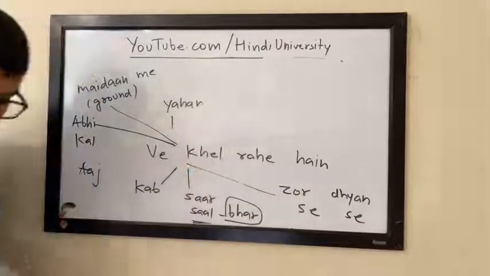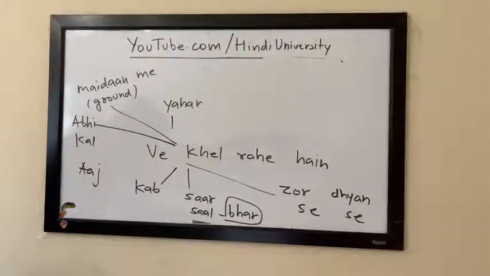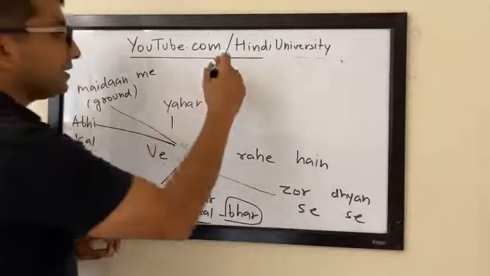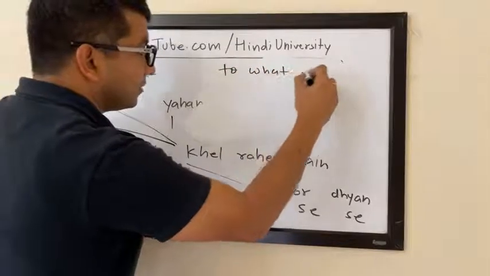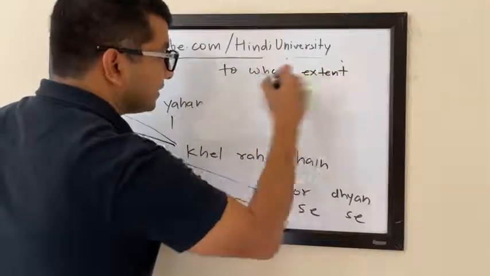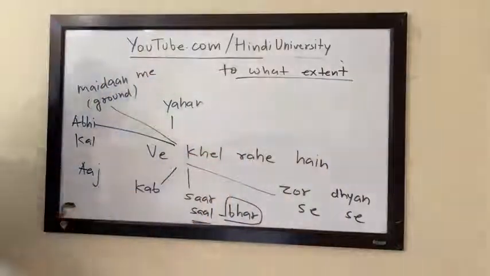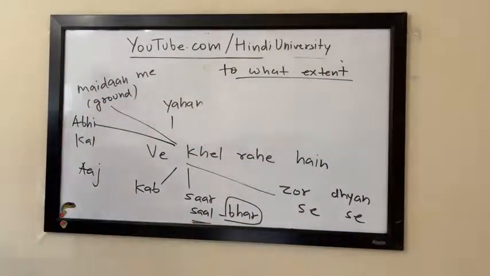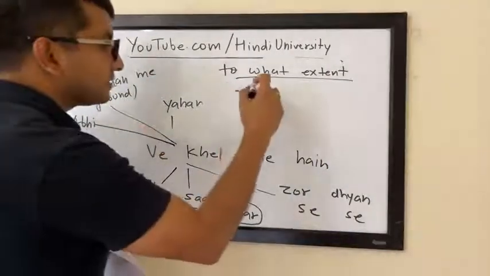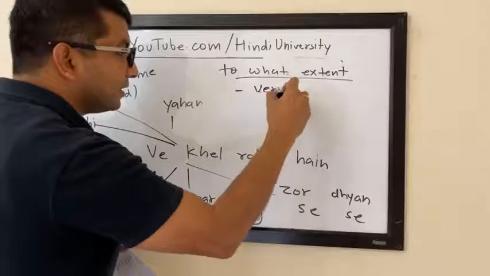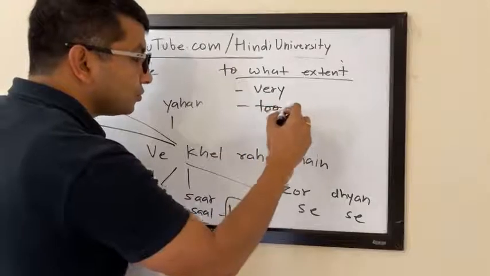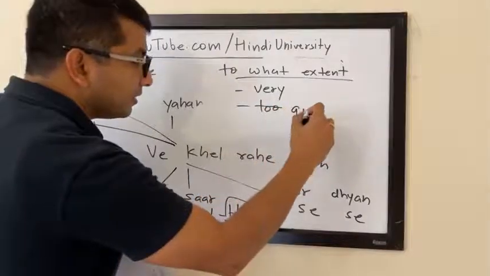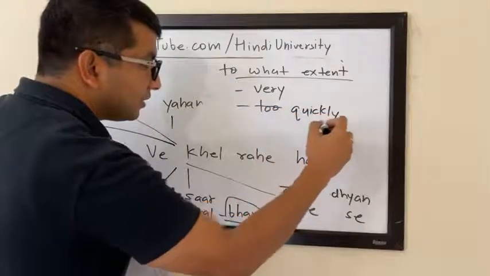Okay. So now there's a fourth category, which is adverbs that help you answer to what extent. Some examples that come to mind: sometimes you say "very hot," sometimes you say "too quickly."